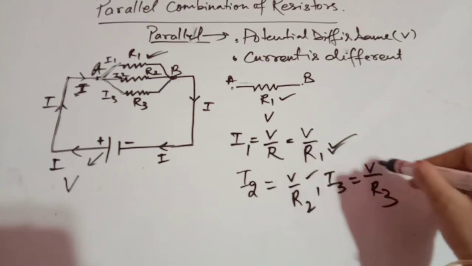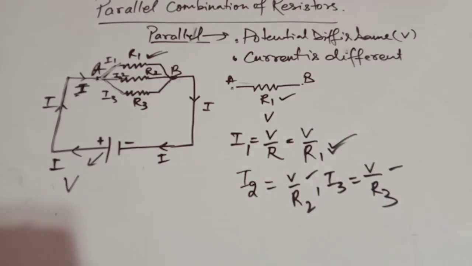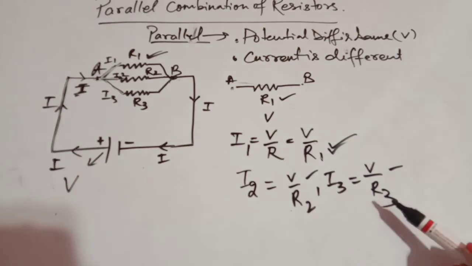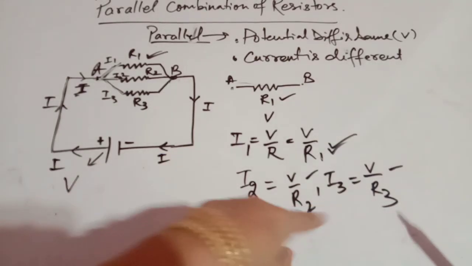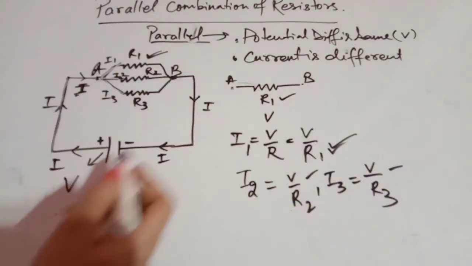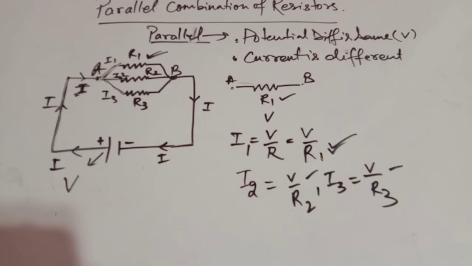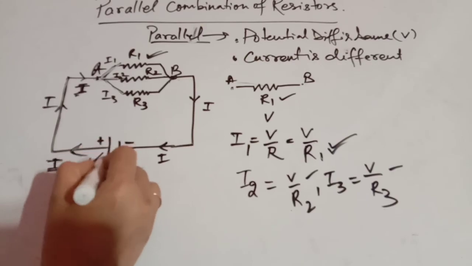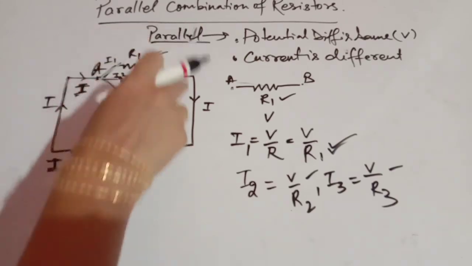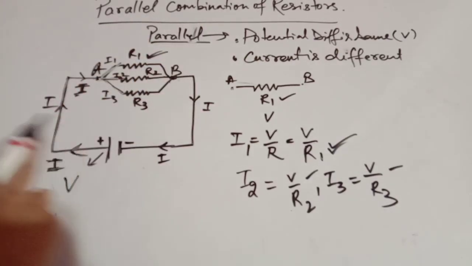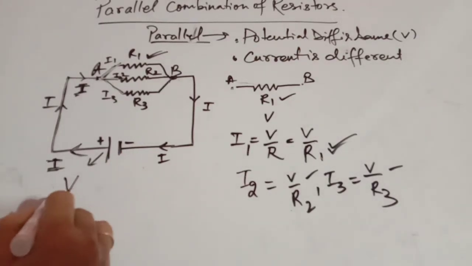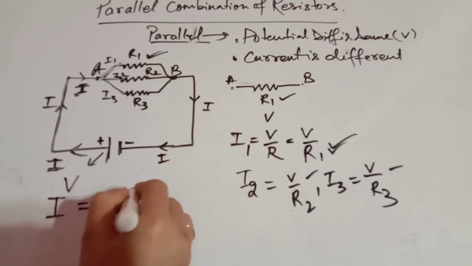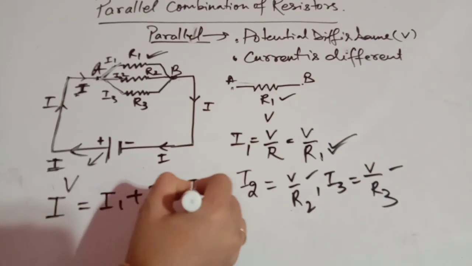V is same across the ends A and B, but the resistors are different, R1, R2, R3, and the currents are different, I1, I2, I3. Now for the entire diagram, the current is same. Whatever current is given by the cell or battery, the same current comes here. Then we can write that I for the entire diagram is equal to I1 plus I2 plus I3.